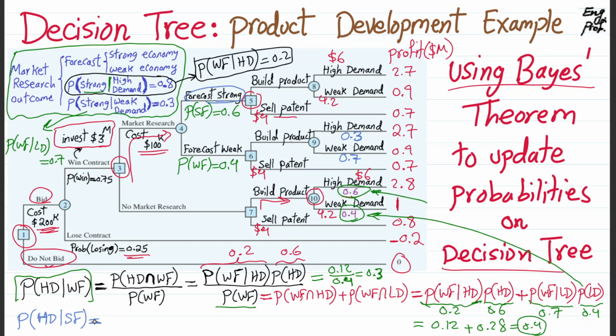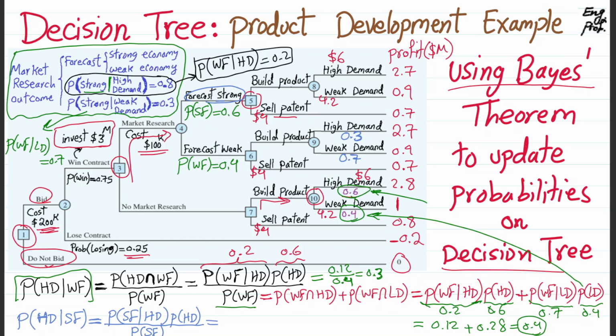Same procedure, so it would be probability of high demand and a strong forecast, or basically probability of a strong forecast given high demand, times P of high demand divided by P of strong forecast, which we already found just moments ago.